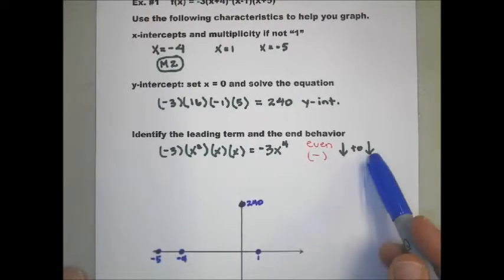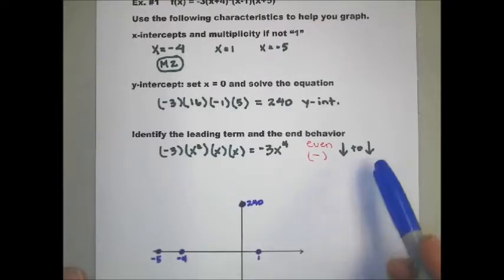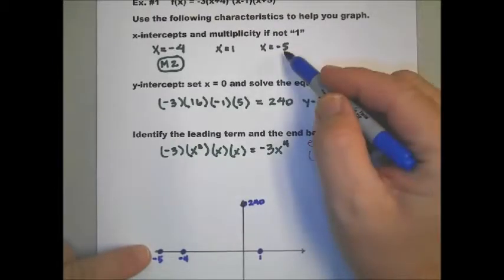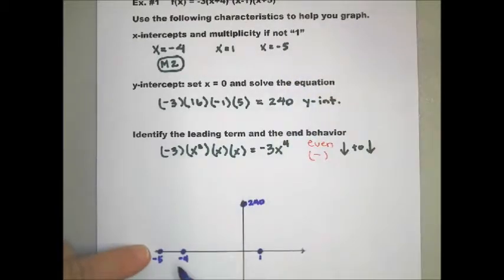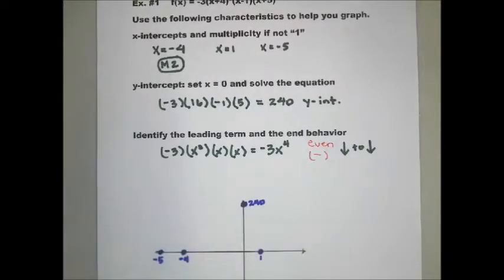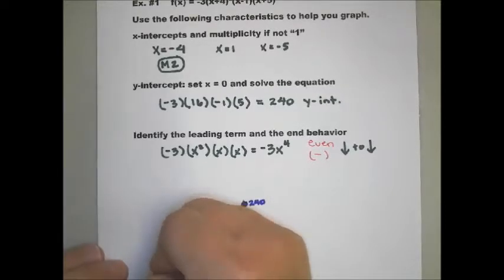Let's go low to low. Everything should now work. If we start low, what do we do when we hit negative 5? Well, since negative 5 was a multiplicity 1, it passes through. But then we have to come back at some point in time and we have to hit negative 4. So let's do that. Let's start low.